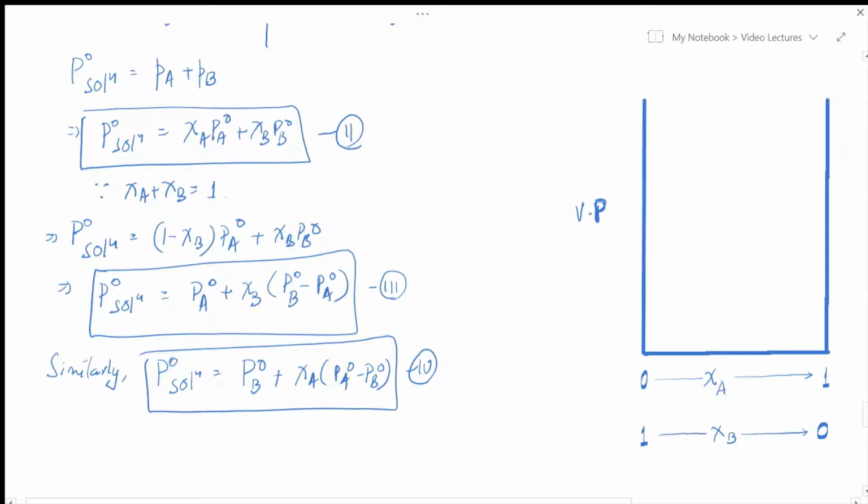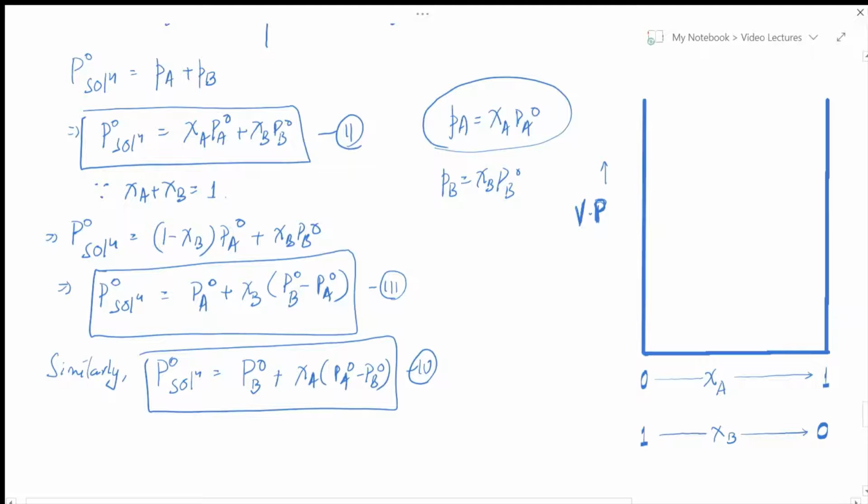We can also plot partial pressures for individual components, that is A and B. Now PA, as we wrote a little time ago, is xi A into PA naught, and PB is xi B into PB naught. Now plotting these is fairly simple, but I'll still walk you through it.